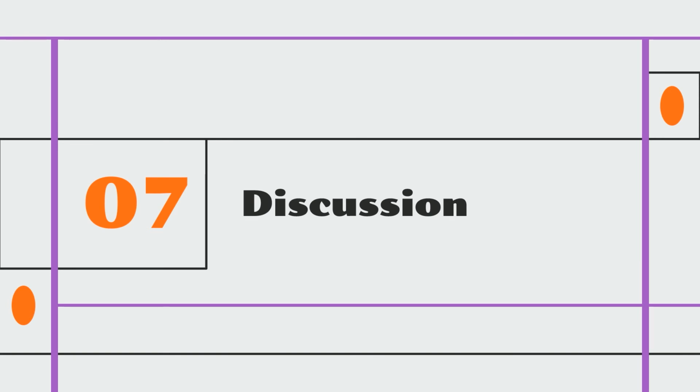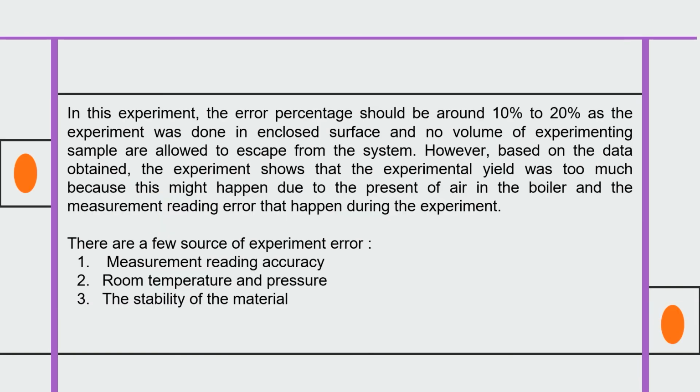For discussion, in this experiment the error percentage should be around 10% to 20% as the experiment was done in an enclosed system and no volume of the experimental sample is allowed to escape. However, based on the data obtained, the experimental error was too large.